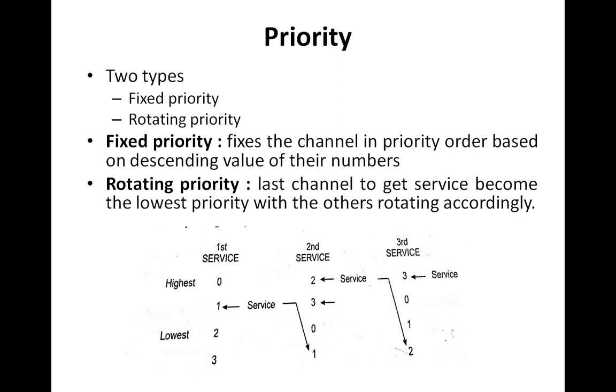If we are talking about descending values, it means channel number 3 will have the lowest priority, then channel number 2, then channel number 1, and channel number 0 will have the highest priority. If we are talking about the ascending order, then channel 0 will have the lowest priority, then 1, then 2, and channel 3 will have the highest priority.